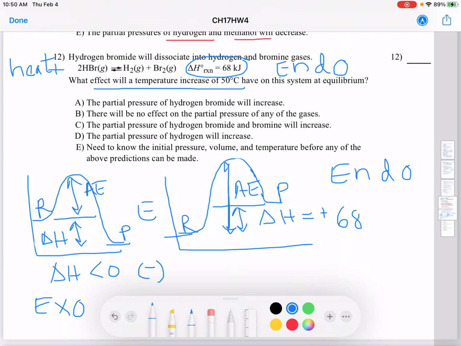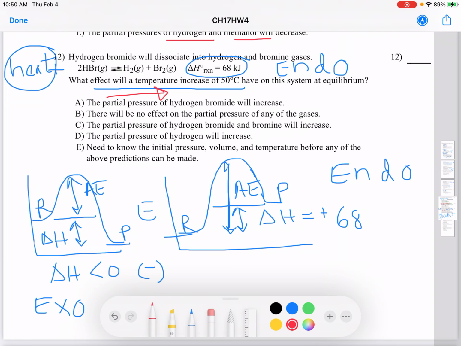By increasing the temperature, what are we adding? Are we adding a reactant or a product? We are adding heat, right? If you add one of the reactants, which direction should the reaction proceed? It would proceed to get rid of the added heat, meaning by going in the forward direction. So the reaction will proceed making more hydrogen and bromine by using up the added heat.